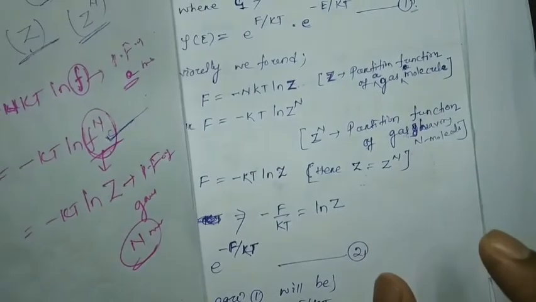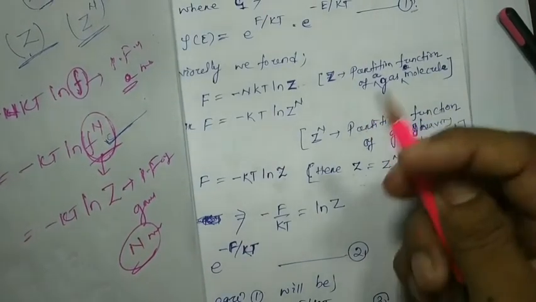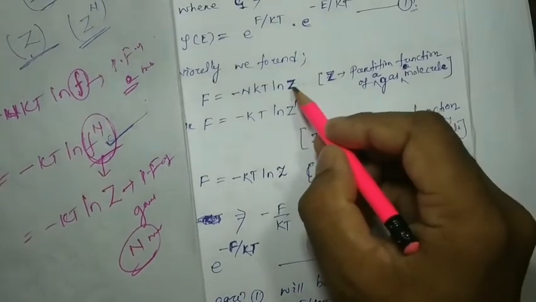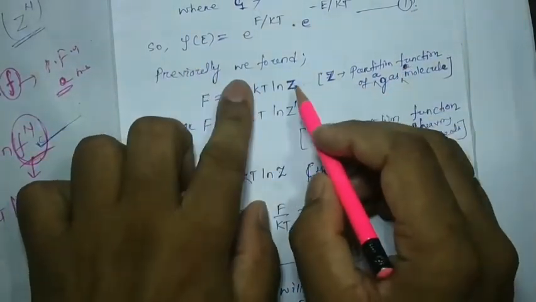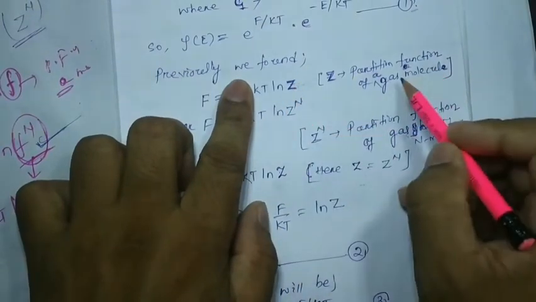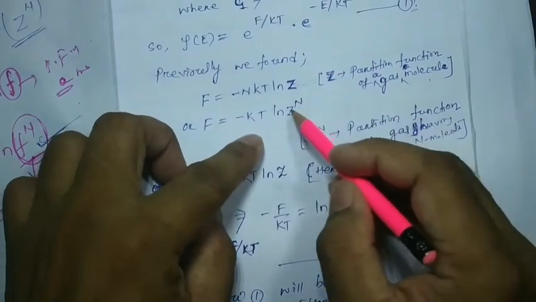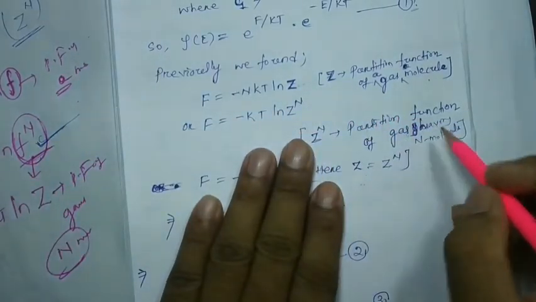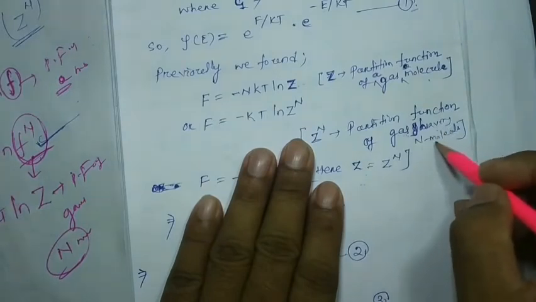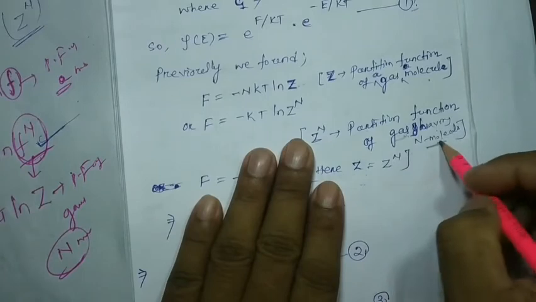I hope you understood. Let me explain once again: this z represents the partition function of a single gas molecule. When N moves up, z to the power N is called the partition function of a gas having N number of molecules.